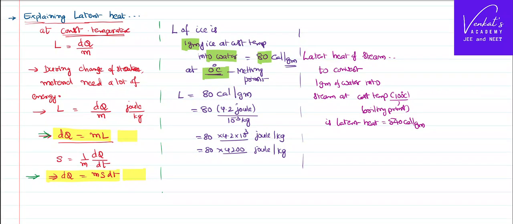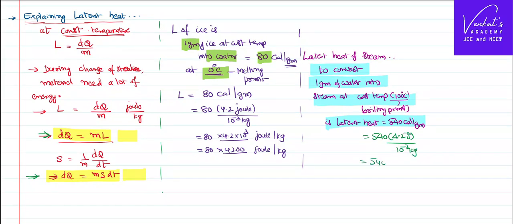So I'm defining that once again for you. The amount of heat required to convert 1 gram unit mass of water into steam at a constant temperature of 100 degrees centigrade is called the latent heat of steam. That is 540 calorie per gram. If we have to convert that, 1 calorie is 4.2 joule, 1 gram is 10 power minus 3 kilogram.